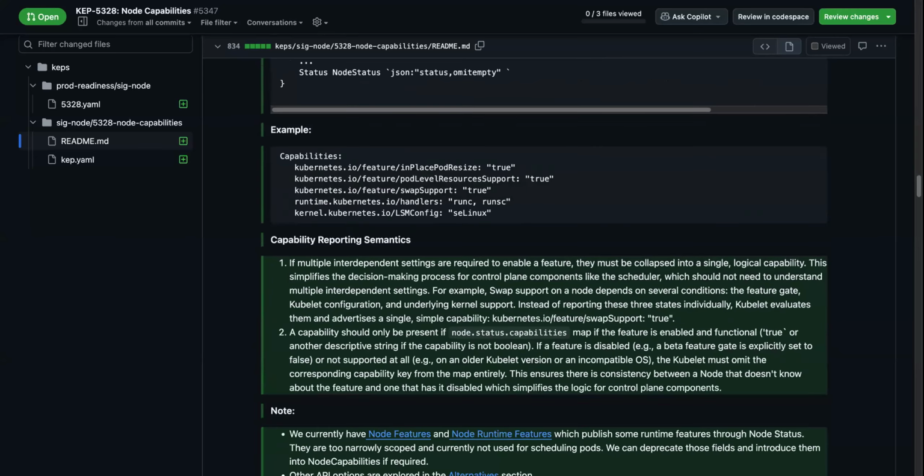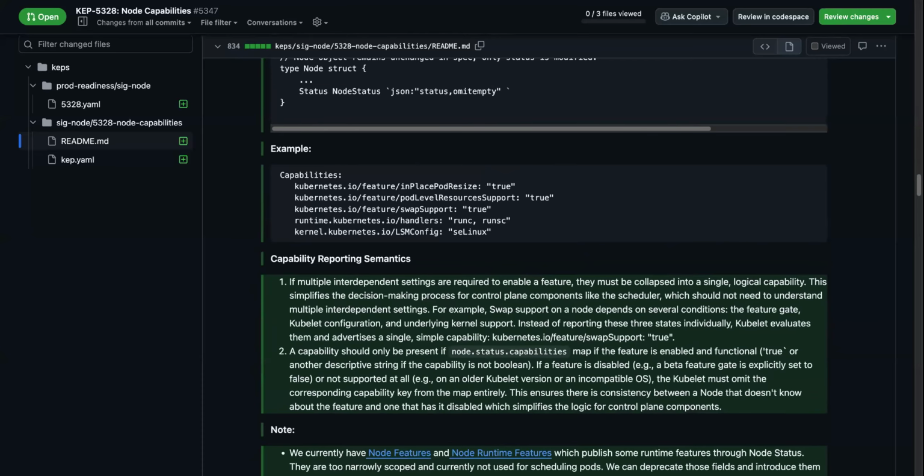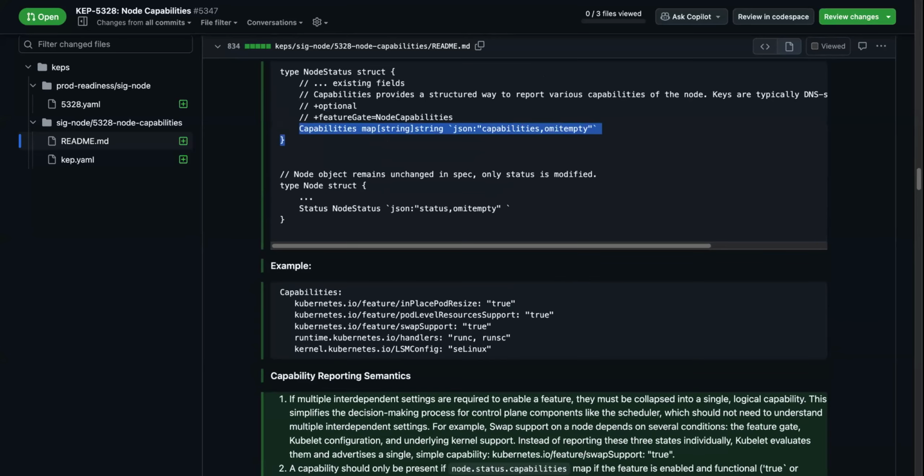A couple of key requirements for things to be added to this: one, it needs to be actionable on the control plane side. It could be used on the scheduler to schedule the pod, or it could be used on the admission controller, like if there is a pod request, for example a resize request, we could use it on the admission controller side to figure out if the node has pod level resizing enabled.